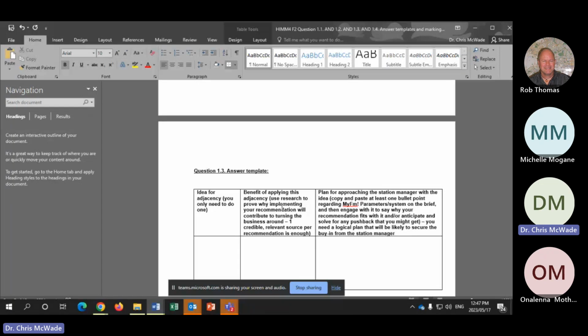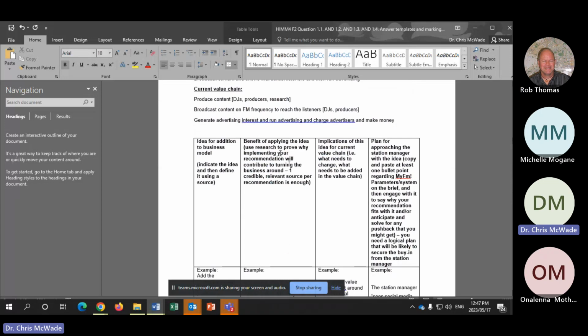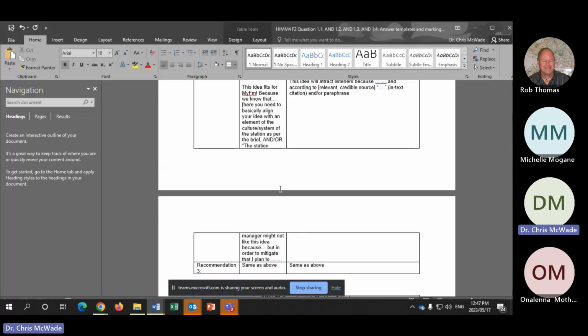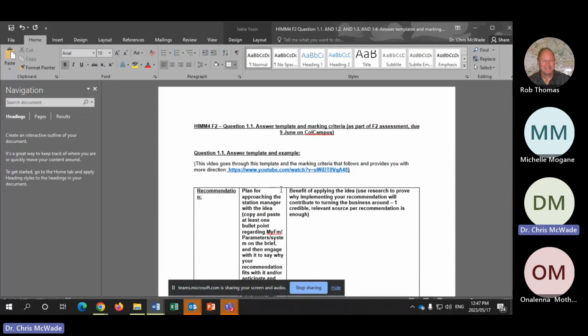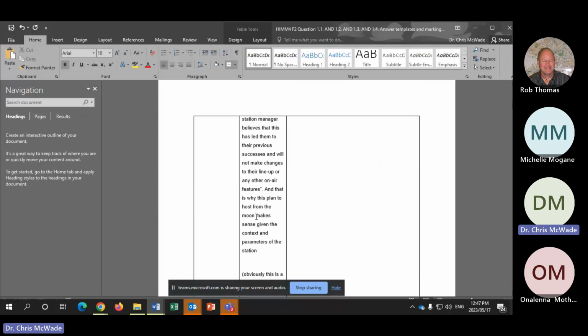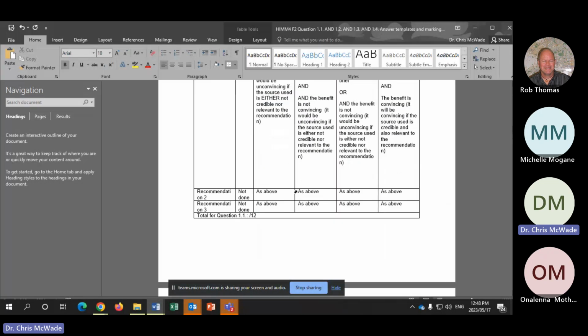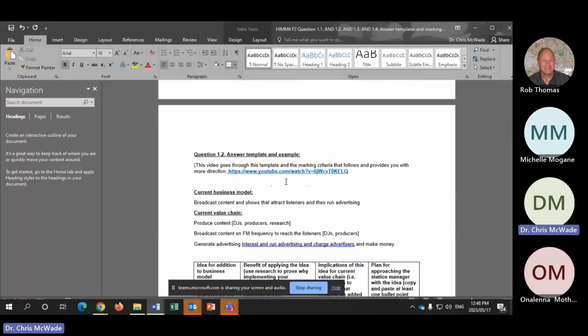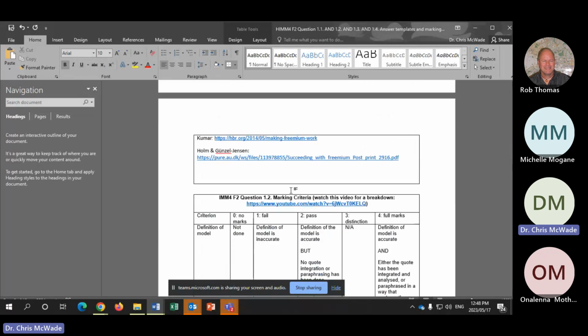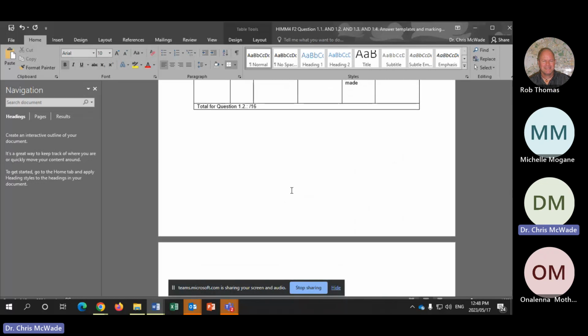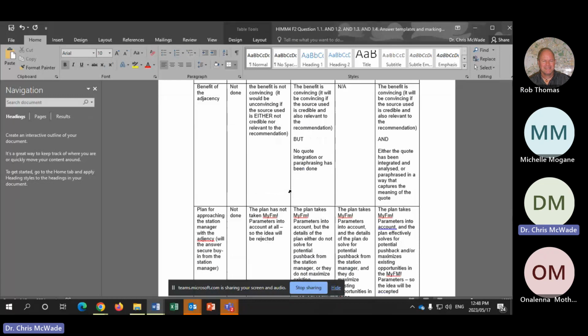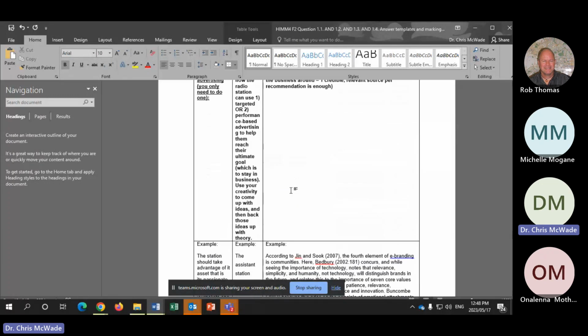And then there are videos about 1.1, 1.2, and 1.3 that take you through all of this. The idea is you're using these templates and examples to help you answer the questions. And then it's got how everything will be marked so you can target your responses to do as well as you possibly can. And then 1.4 is the new one from today, which Rob did the work on.